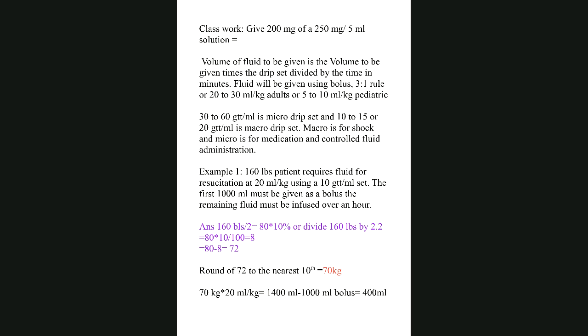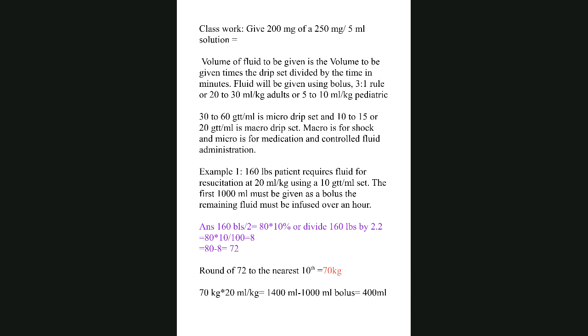So the patient would need 1,400 mils of fluid. So that's the amount of fluid we need to give this patient. However, say you would give 1,000 as a bolus. So you subtract that 1,000 and you will be left with 400 mils. And after you've given 1,000 as a bolus, infuse the 400 mils over an hour.